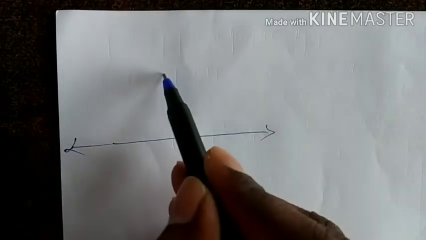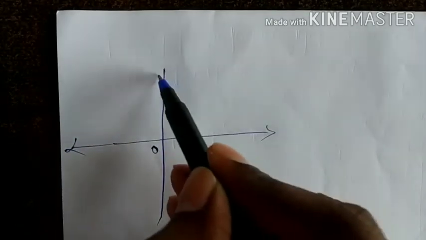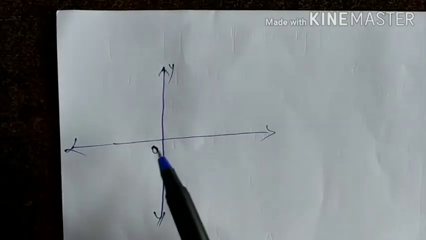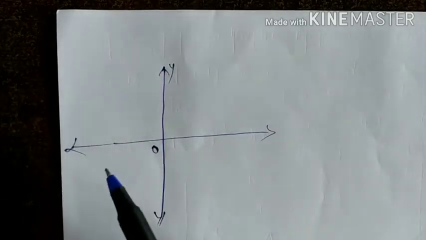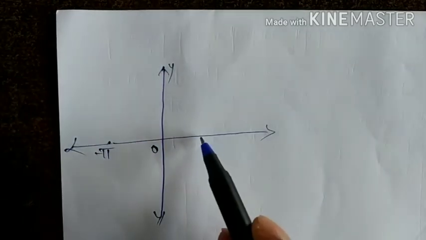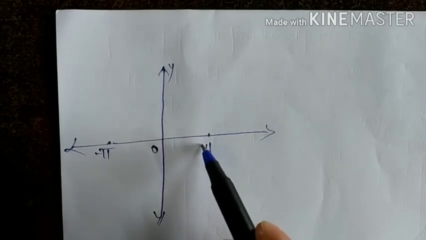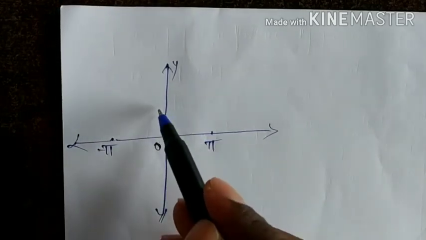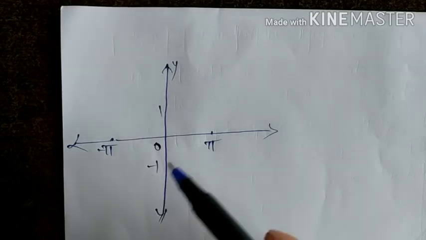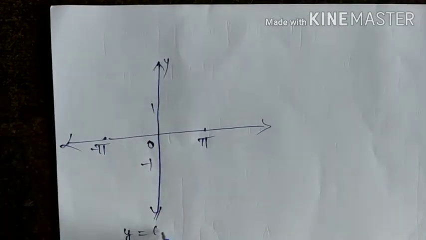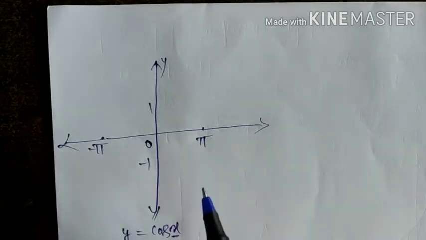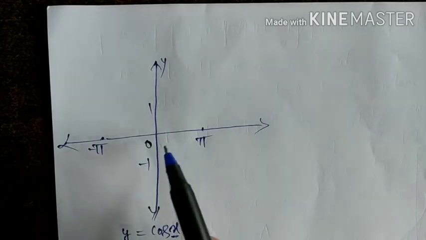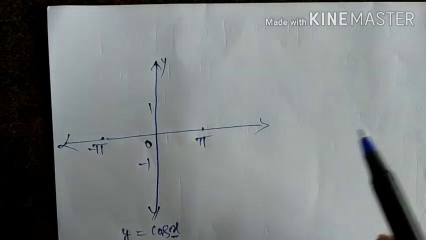This horizontal line represents the x-axis and the vertical line represents the y-axis here. This one is the interval minus pi and pi. So this is 1, this is minus 1. Here this function represents y equals cos x. This x is represented for certain values only: 0 to minus pi, 0 to pi, and pi to 2 pi, like that.